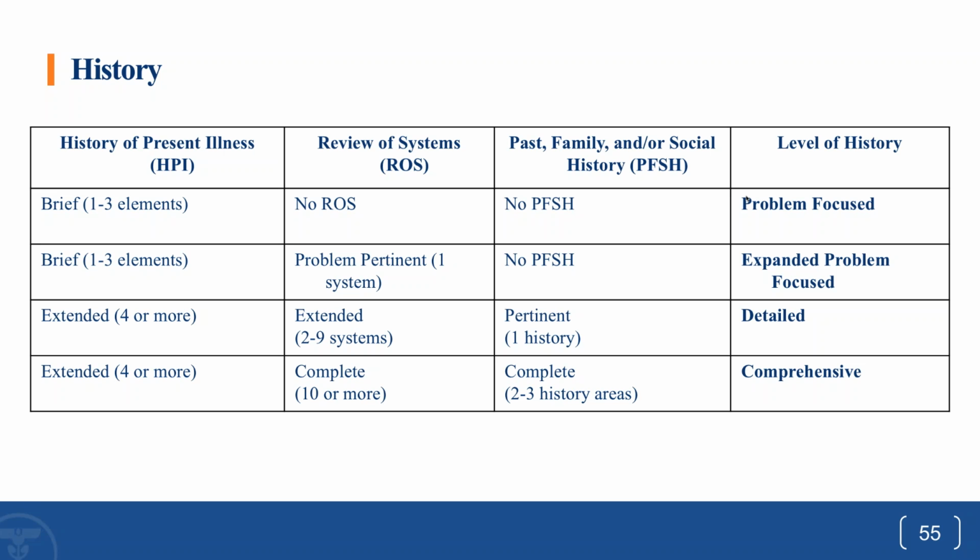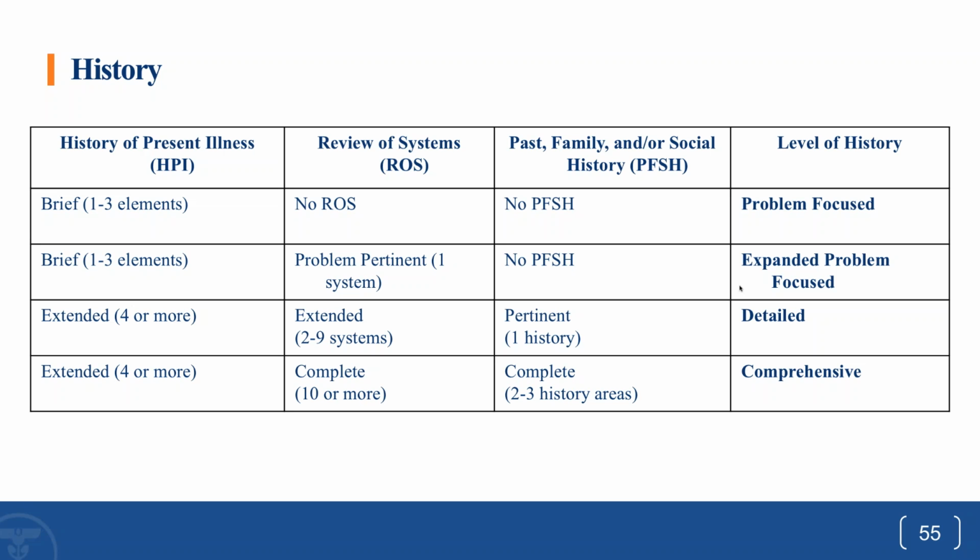So it still only counts as 1. I think I just set a light bulb off on someone. So it still counts as 1, right? But if they ask something from the family, then now it becomes complete. Or if they ask something from the social, and you get it. One area is pertinent, 2 to 3 is considered complete.